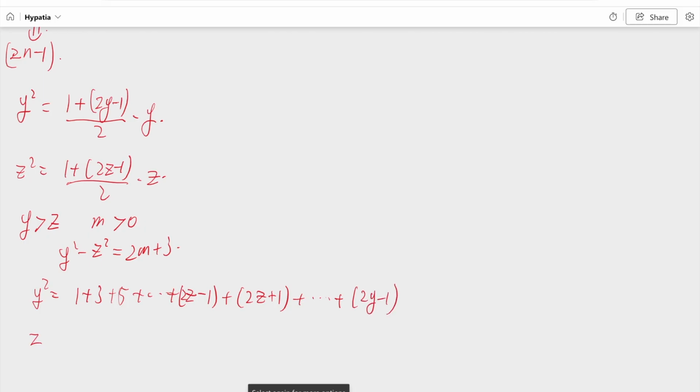Then we do the same thing for z squared: 1 plus 3 plus 5 plus dot dot dot to the last number of z squared, 2z minus 1 bracket. We can see the difference is really easy to see.